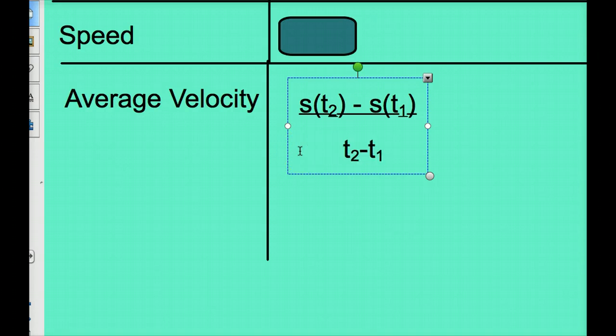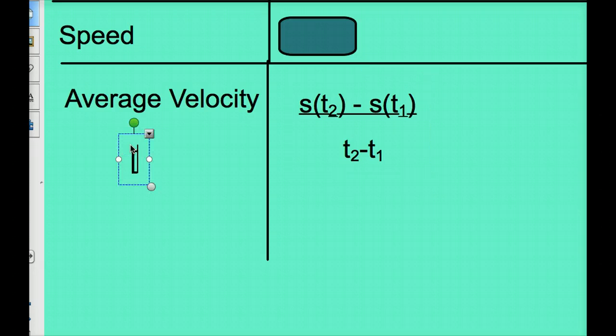Let's just scoot this over. So anytime I'm looking at an average velocity, these have to be given to me. So typically you're going to see t1 in the first bracket, comma, t, lowercase, subscript, t2. So I'm going to start to plug in.